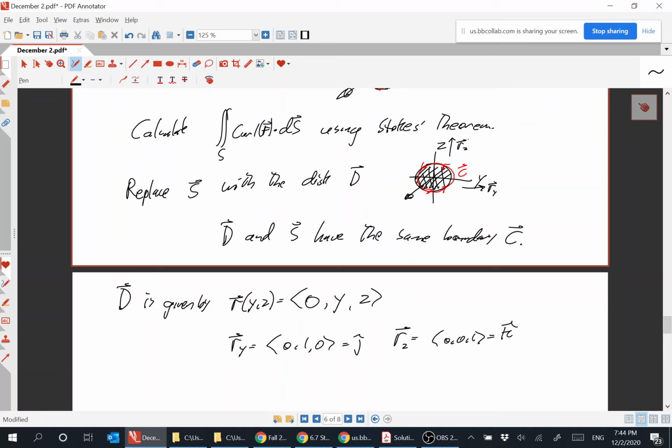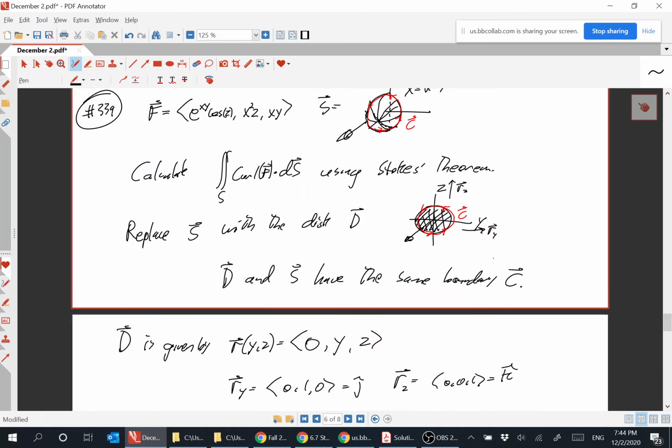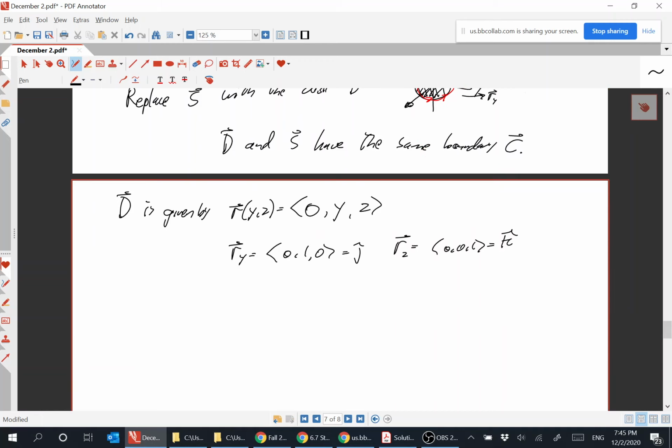So it's in the negative x direction, but that's not the direction we want. We want the positive x direction, because this surface, the sphere, is pointed in the positive x direction and has this boundary curve C. So we keep that direction, curl our fingers in that direction, and our thumb points this way, always using the right hand for the right hand rule.